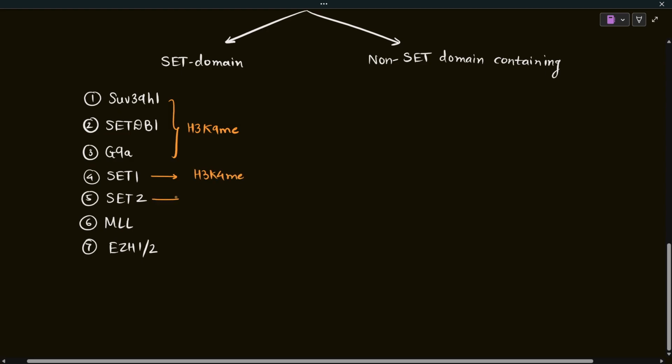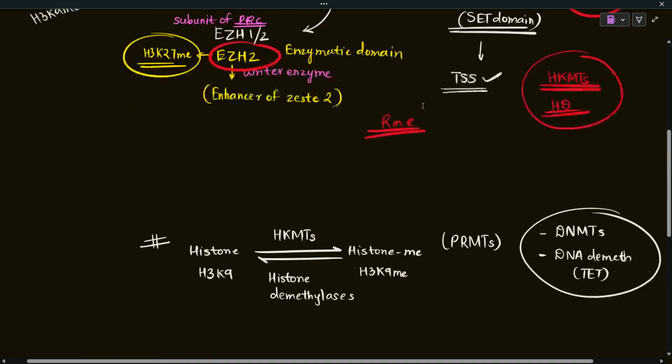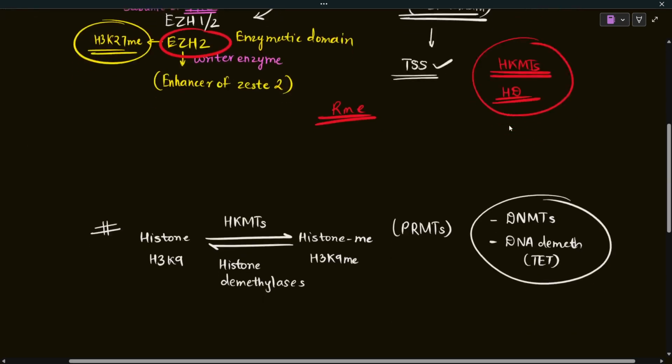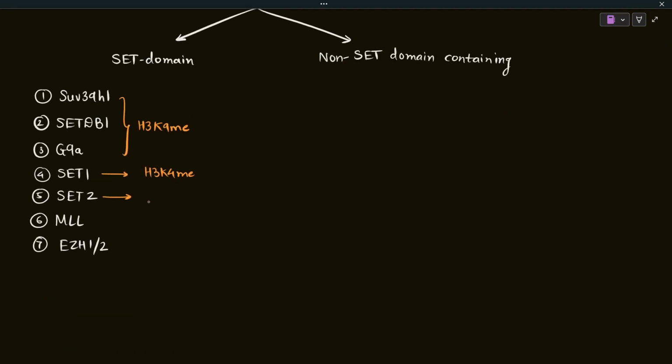The SET2 or say SETD2 that we discussed in the last class. There was a mistake in the last class. I referred to it as SETD1, but it's actually SETD2. So it does the H3K36 methylation. Both of those are active marks, while H3K9 is a repressive mark.